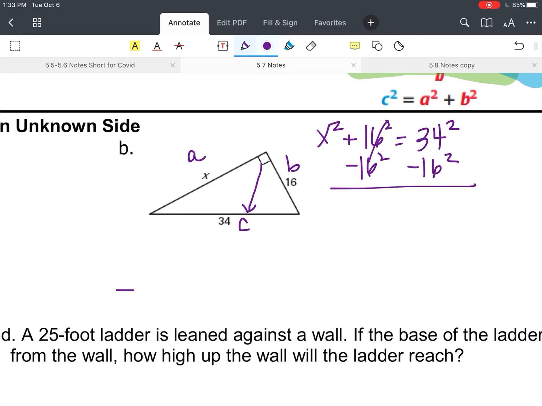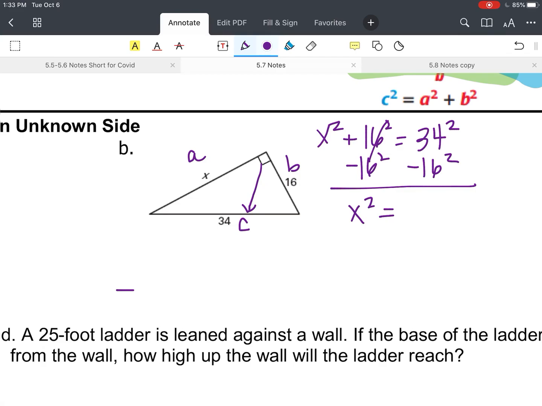You can right away go minus 16 squared on both sides. So those will cancel, and you'll be left with x squared equals, again, it's very important that you put this in your calculator or you find out what 34 squared is, minus 16 squared.